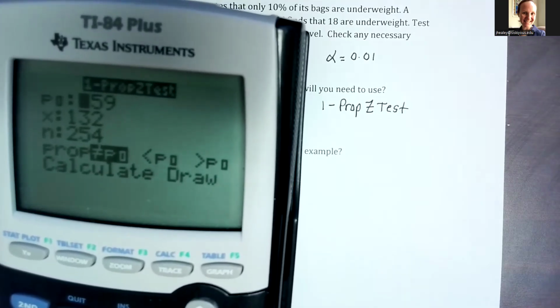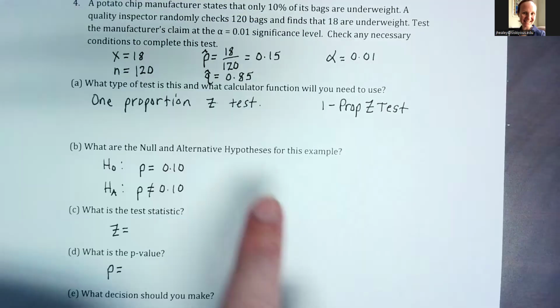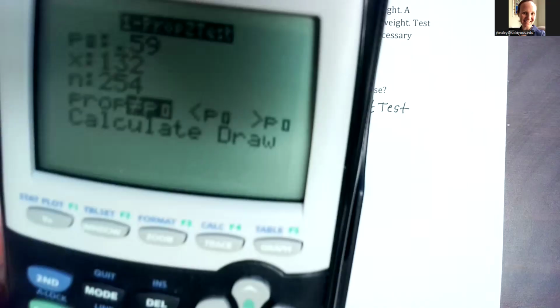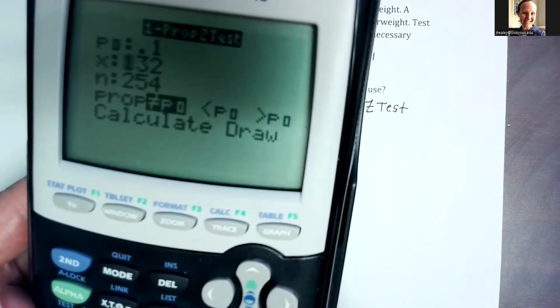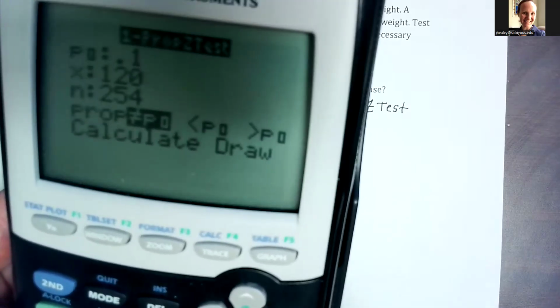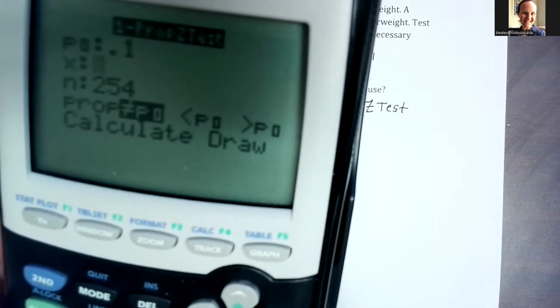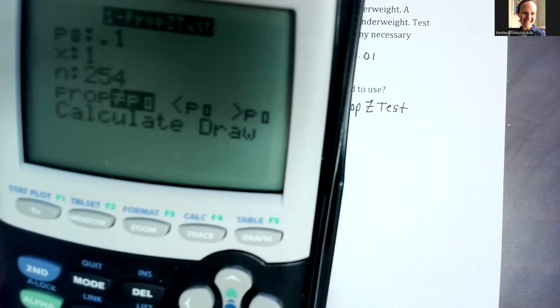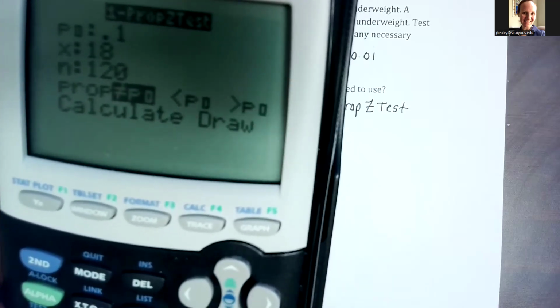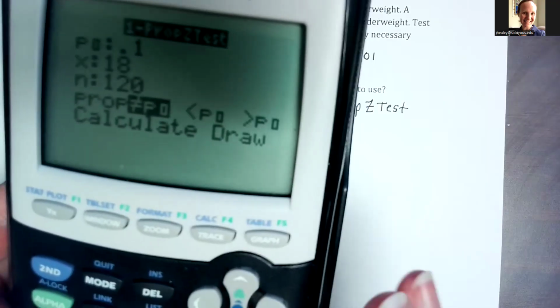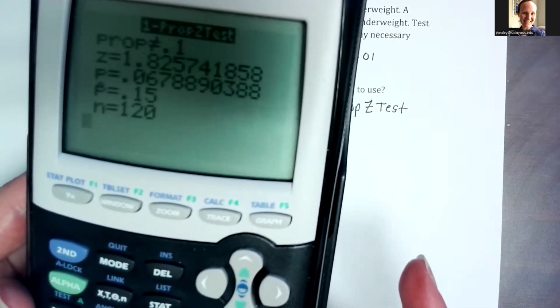And the value that we want to enter here is 0.10. The x value for this problem is 120. Oh, sorry, that's our n value. Our x value is the 18. There we go. Our n value is 120. And we want not equal to for the alternative hypothesis. So we'll go ahead and hit calculate.